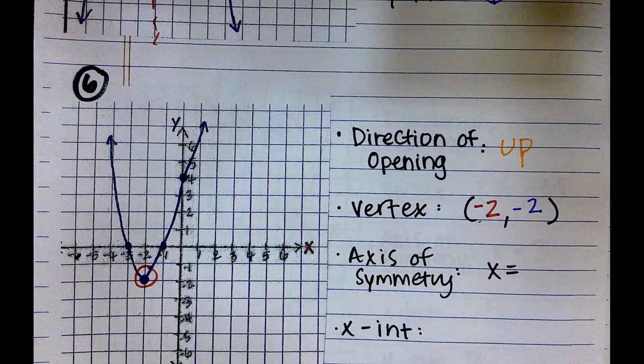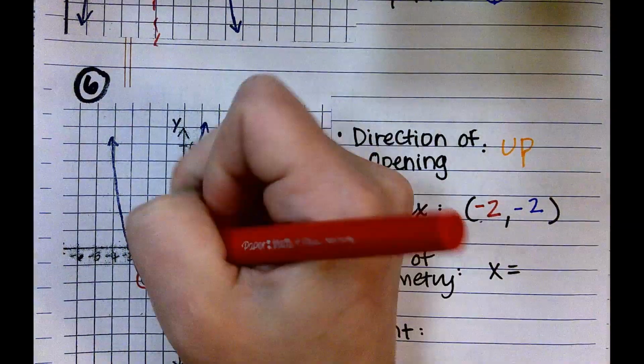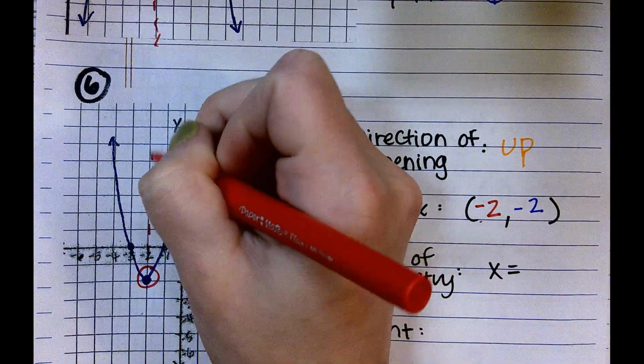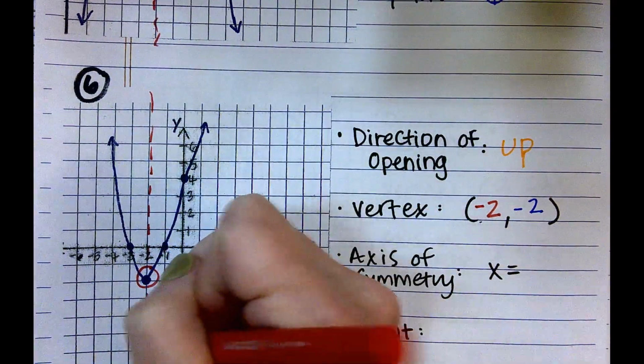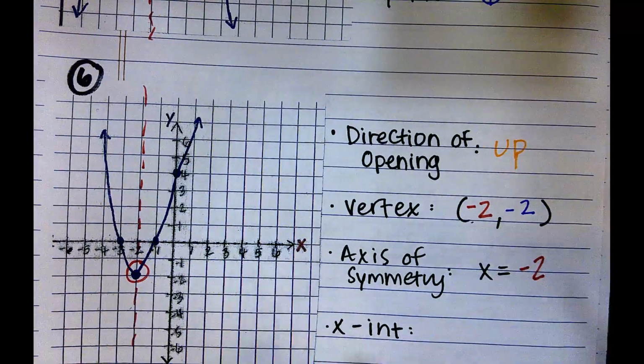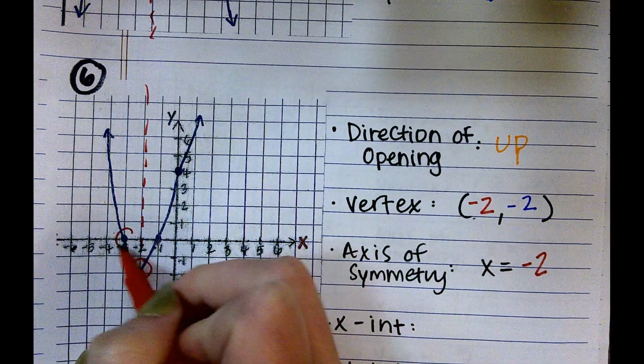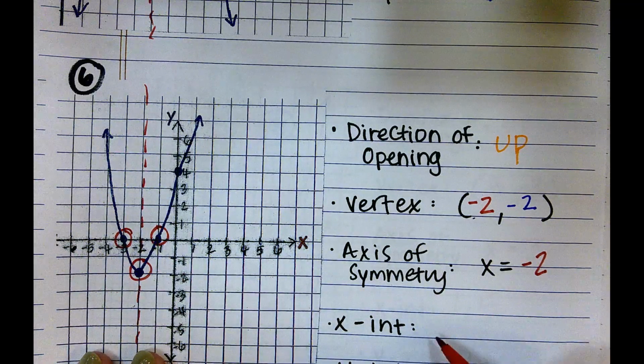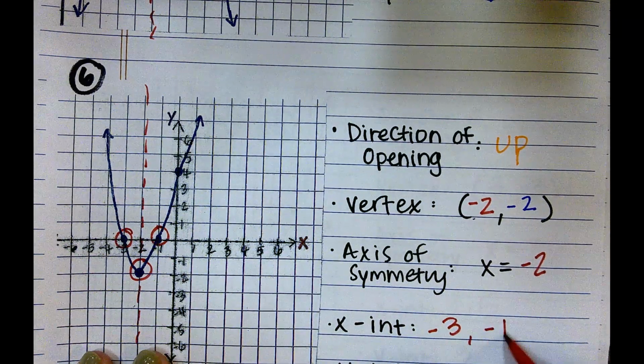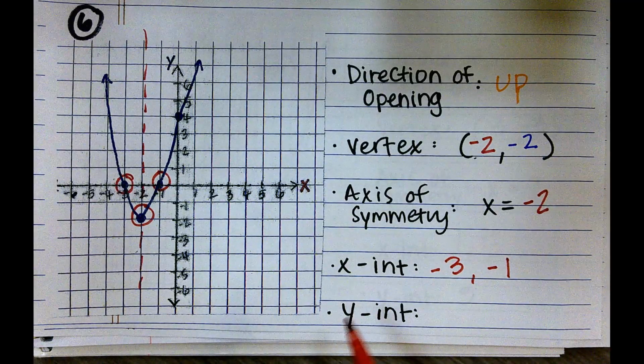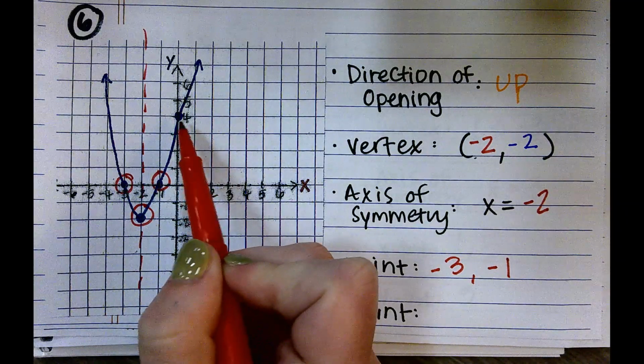Axis of symmetry. -2. Now intercepts. -3, -1. And 4 is my y-intercept.